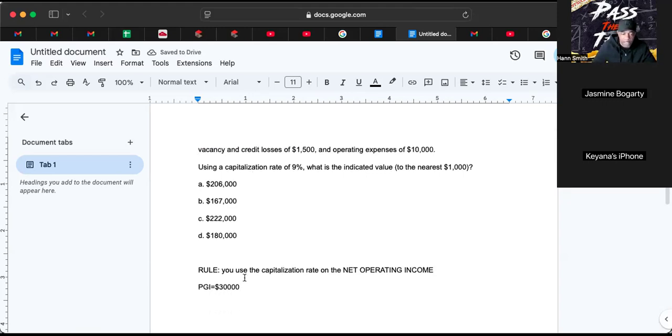Vacancy and credit loss of 1,500. And operating expenses of 10,000.